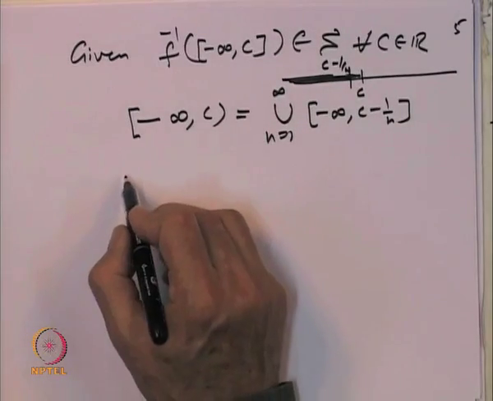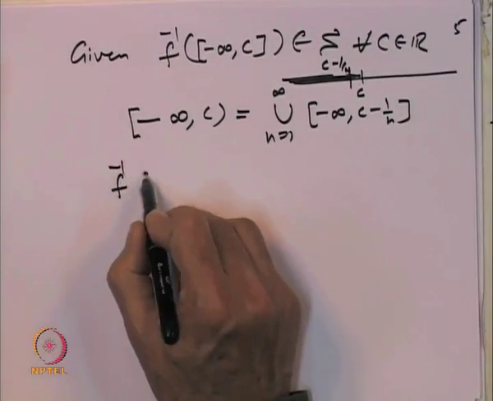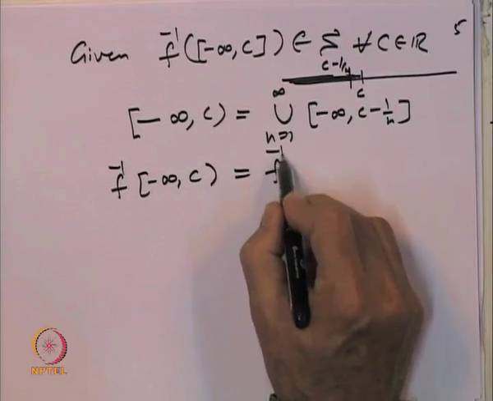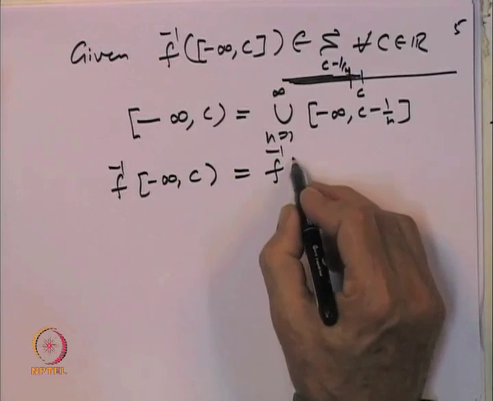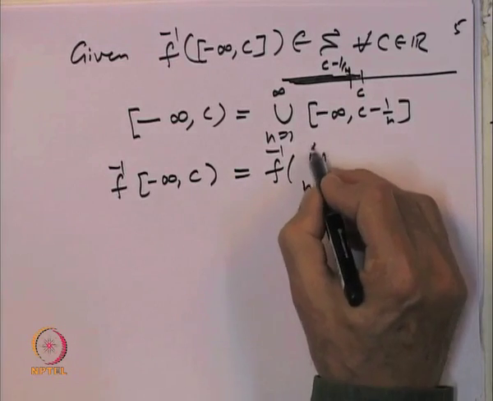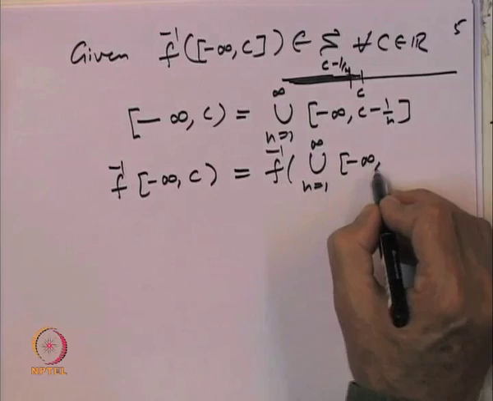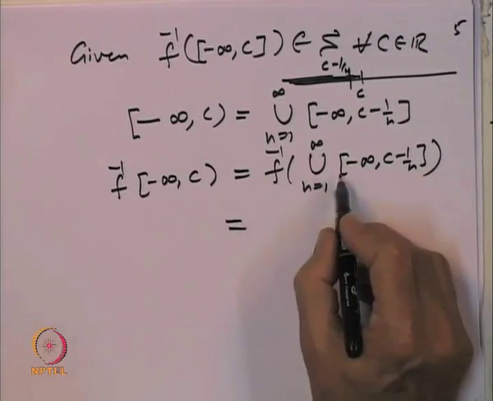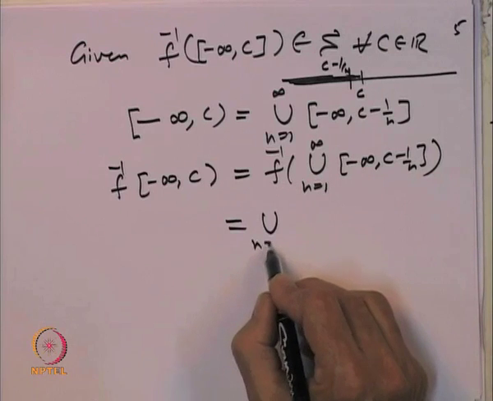So, once again, taking the inverse image, f inverse of minus infinity to C is equal to f inverse of the union over n equal to 1 to infinity, and f inverse of the union is the union of the inverse images.